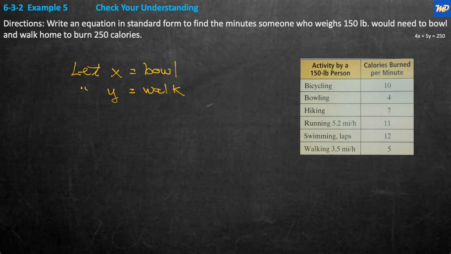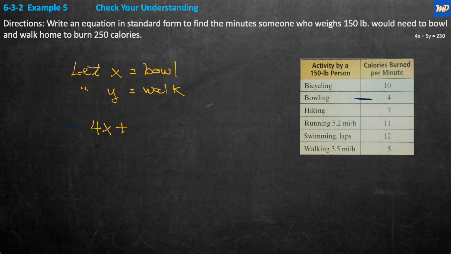It's right here. x is bowling, and it's 4 minutes. So 4x plus walking is 3.5 miles per hour.